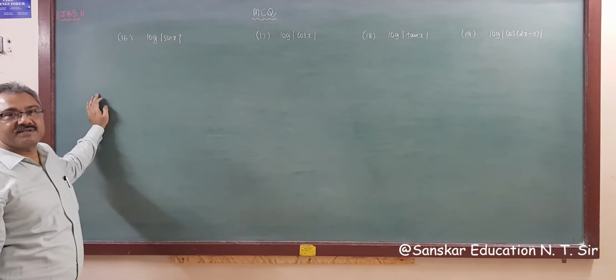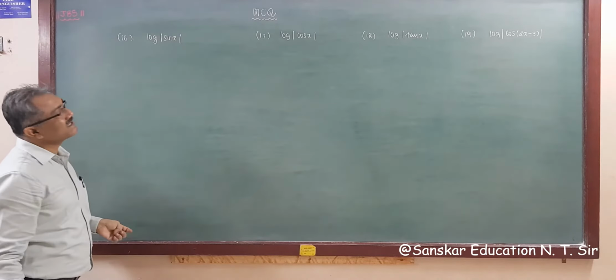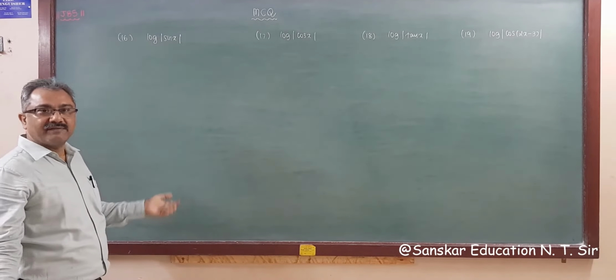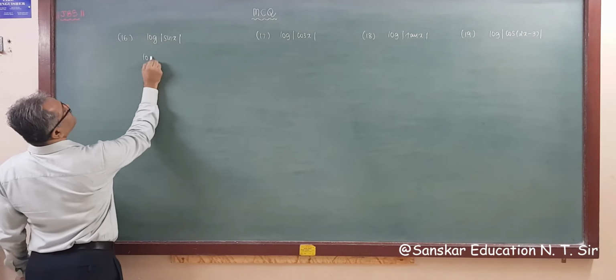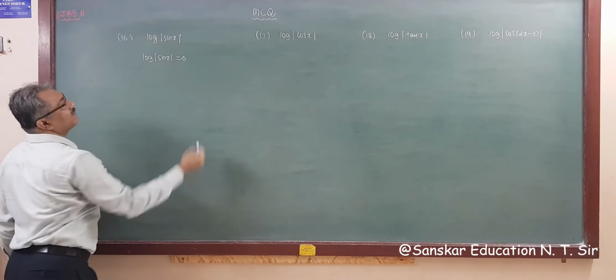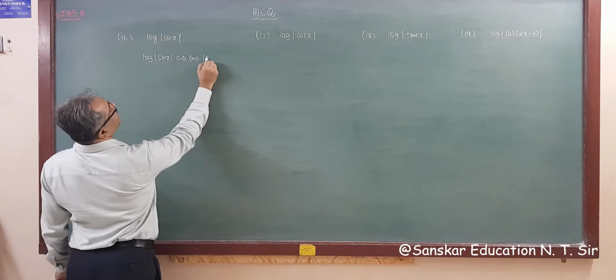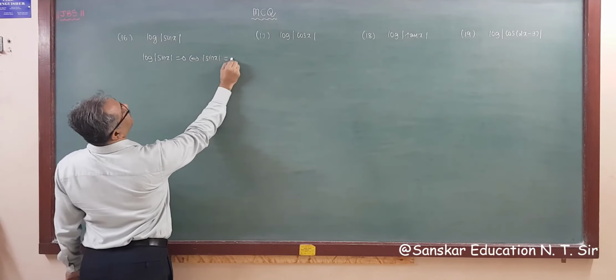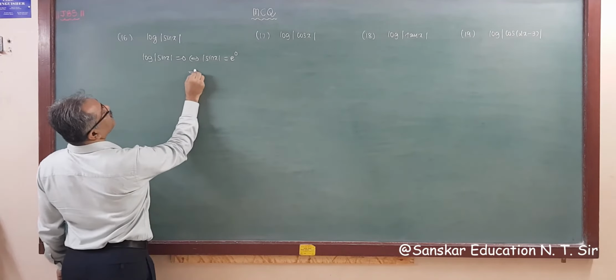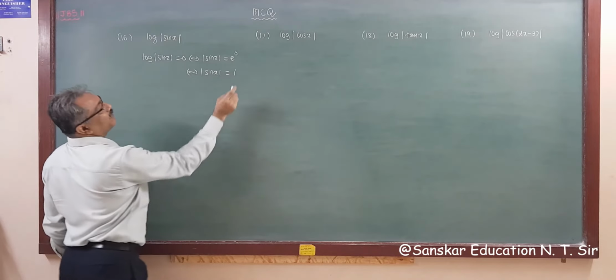Next question is question number 16. Log mod sin x is given, and we have to find the set of zeros as usual. So log mod sin x is equal to 0. This implies mod sin x is equal to e raised to 0. So mod sin x is equal to 1.